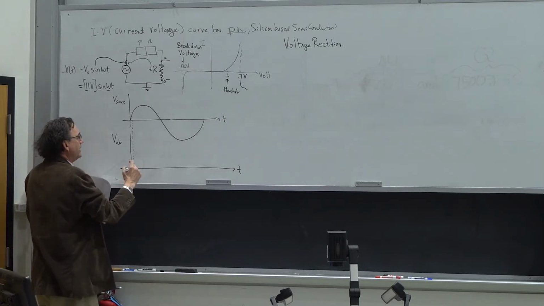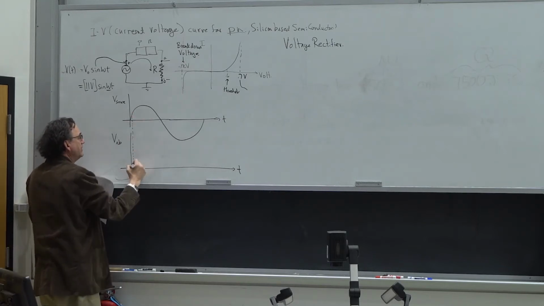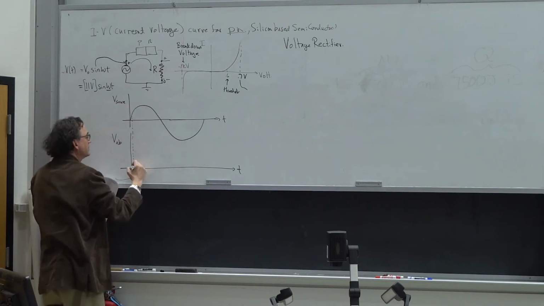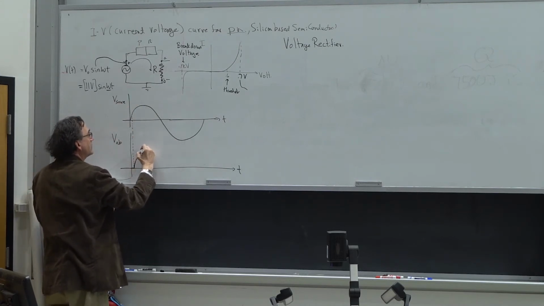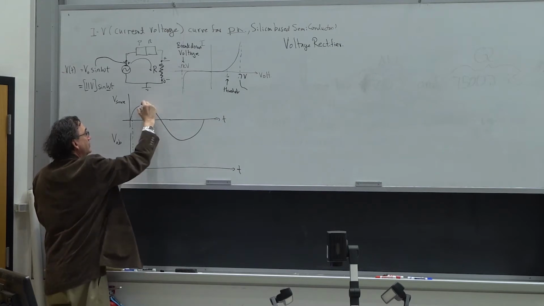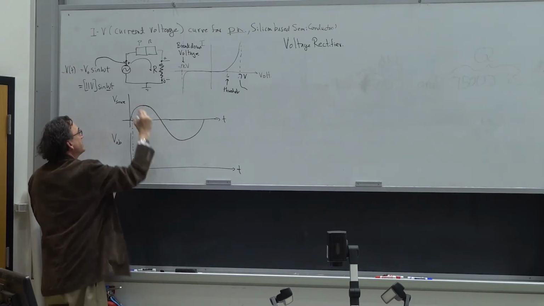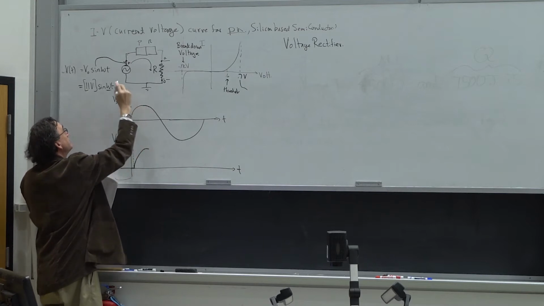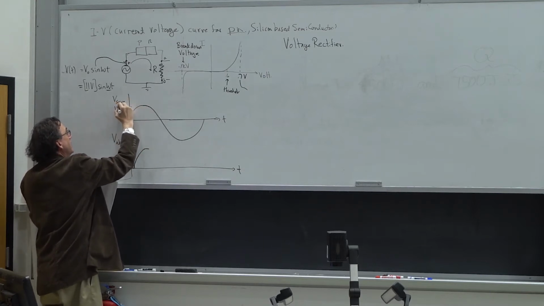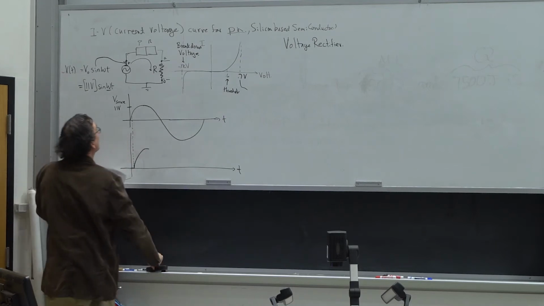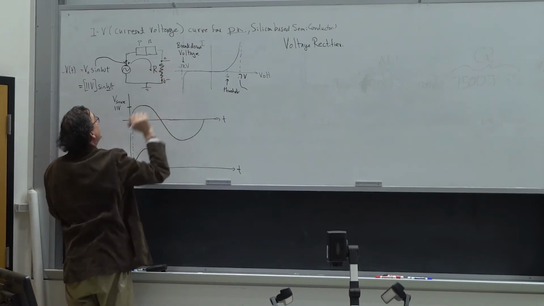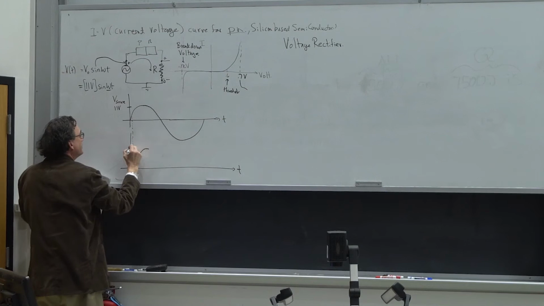So now what happens is I go above 0.7, and the diode begins to conduct. So it rises up and it follows the voltage curve, except that if this is, for example, 11 volts, then the voltage across the resistor is going to be 10.3 volts. Right?